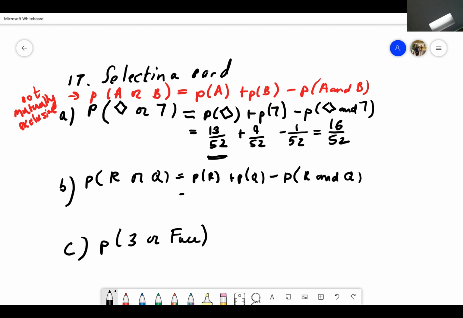What's the probability of a red card, out of 52? What's the probability of queen? There are 4 queens. How many of those 4 queens are red? 2, which we would have counted already here. So 26 plus 4 is 30, minus 2, 28 out of 52.